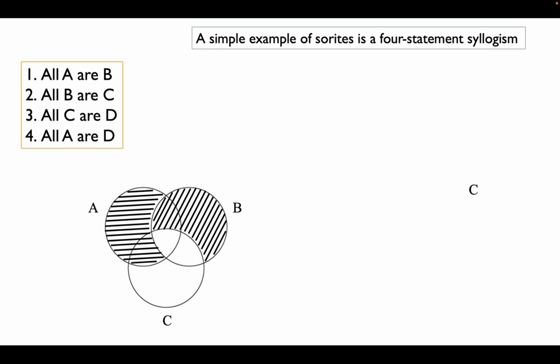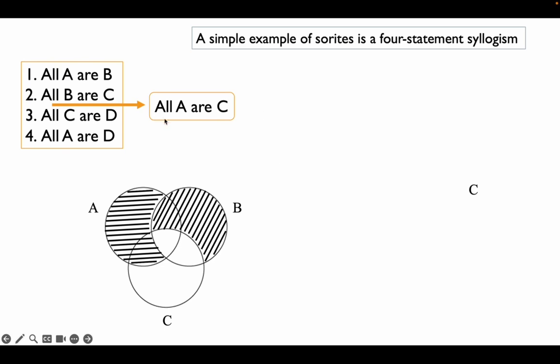As you can see, you can draw the following conclusion, that all A are C. See? All A are C. That's the conclusion that is not stated in the premises, but it's diagrammed as a result. All A are C.